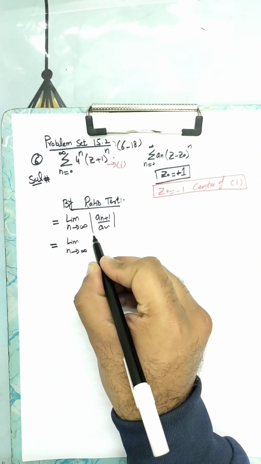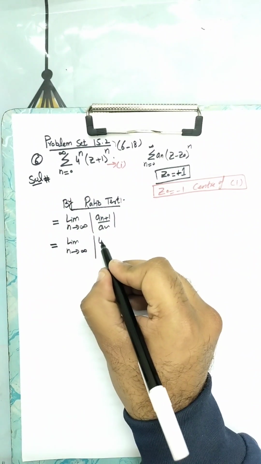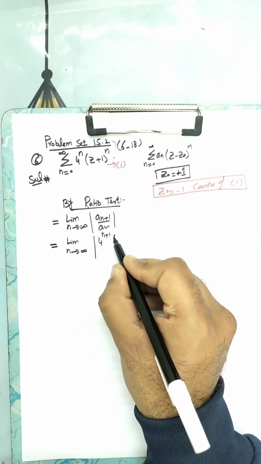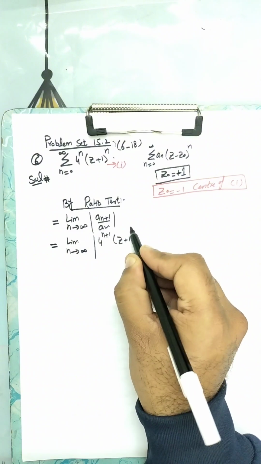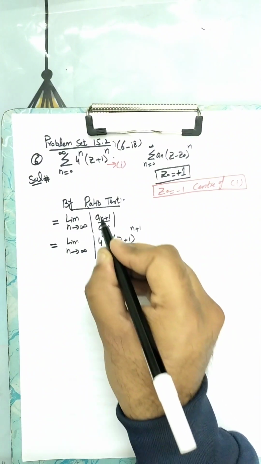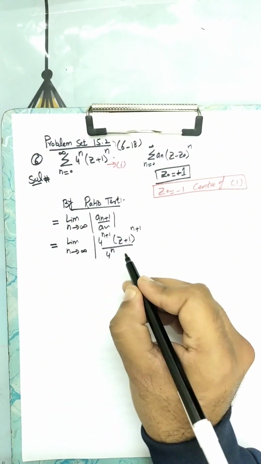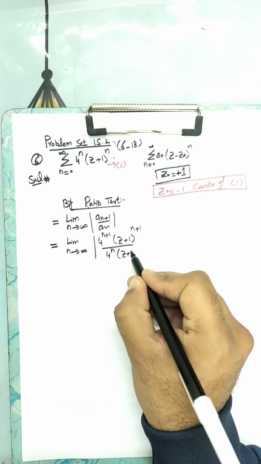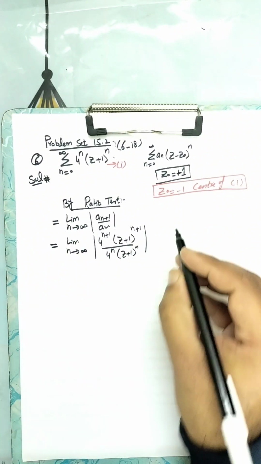So a_(n+1) is 4^(n+1) (z plus 1)^(n+1), and a_n is 4^n (z plus 1)^n.